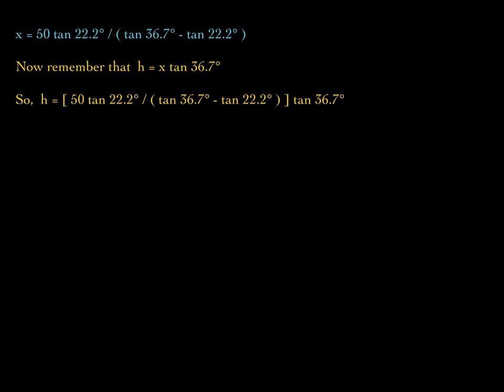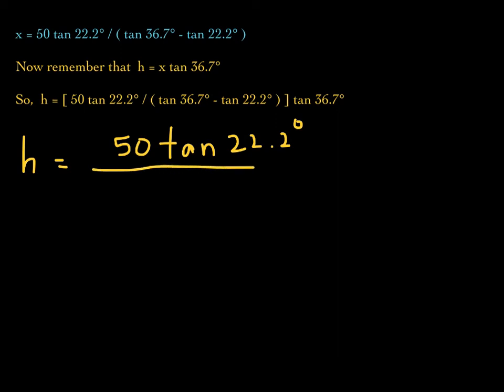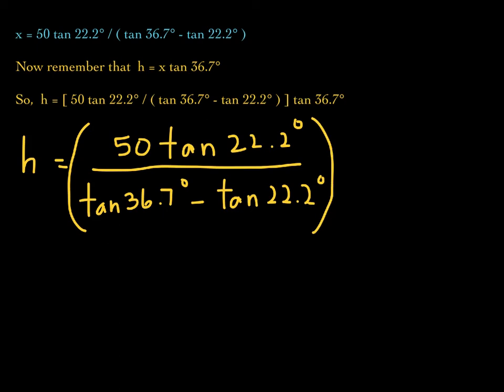So maybe if I write this out, it might look a little sloppy, but it may make a little more sense to you if I write it like this. 50 times tangent of 22.2 degrees, that divided by tangent of 36.7 degrees. I don't know if this is helpful here. If it is, awesome. All of this times tangent of 36.7 degrees. All right, this is going to be the height of the tree.